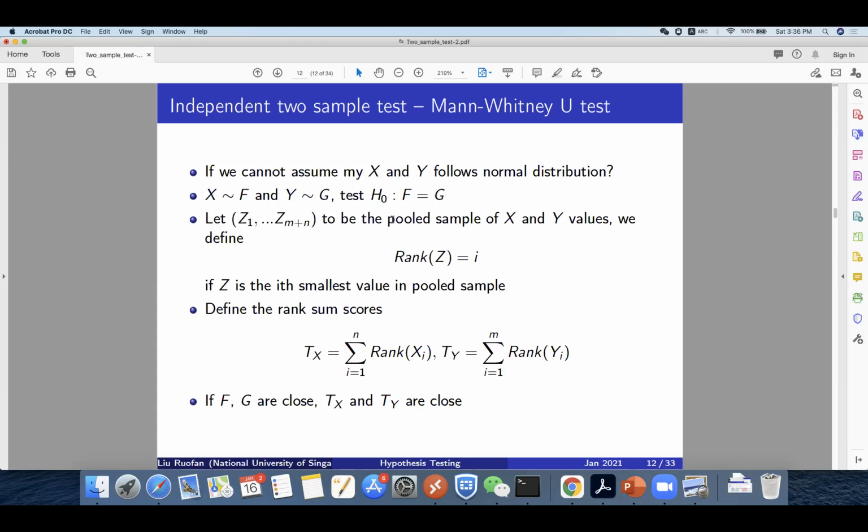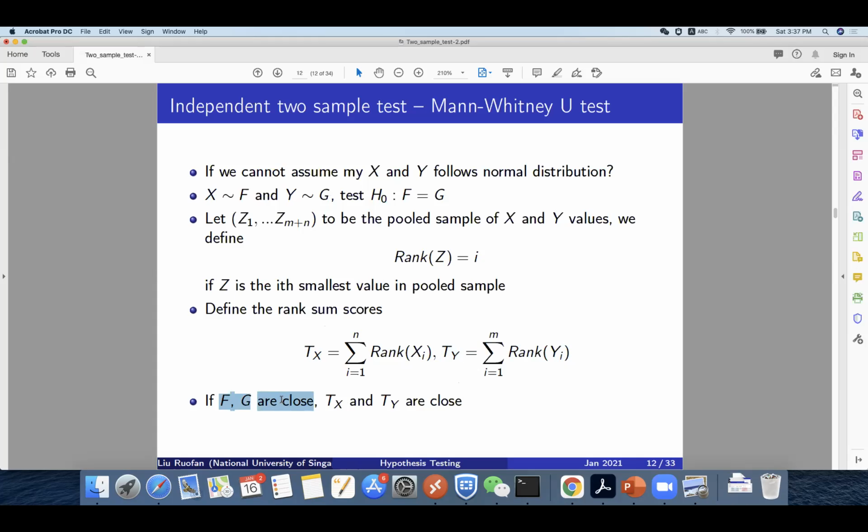Then I get a pooled sample of x and y, and I sort them. When I sort them, I can get a rank for each example. Then I define Tx to be the sum of the ranks for all examples coming from x, and Ty to be the sum of ranks for all examples coming from y.